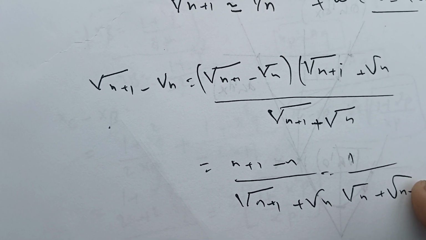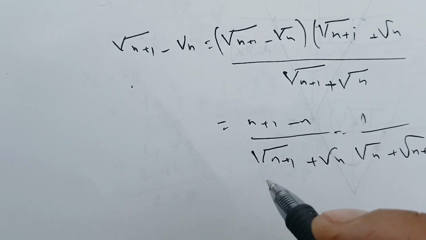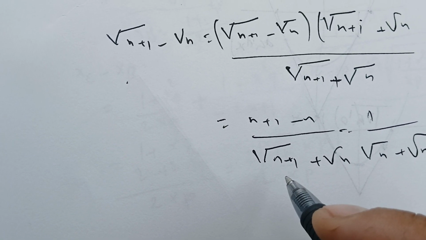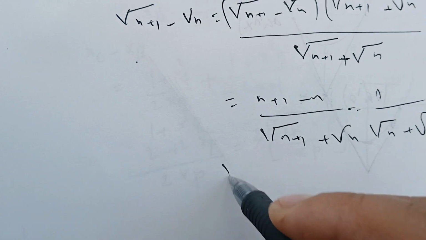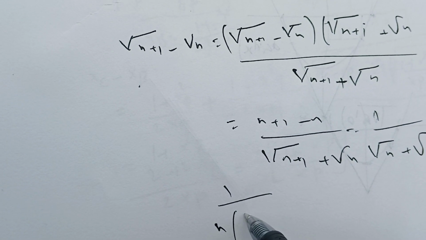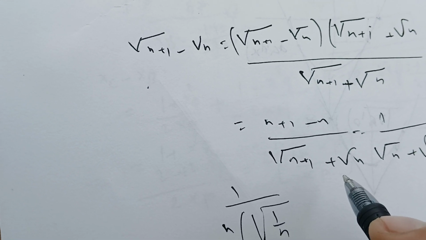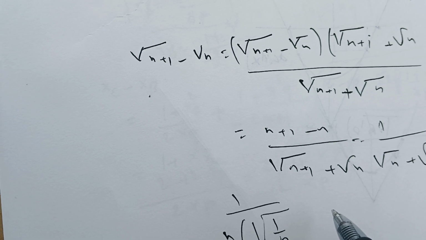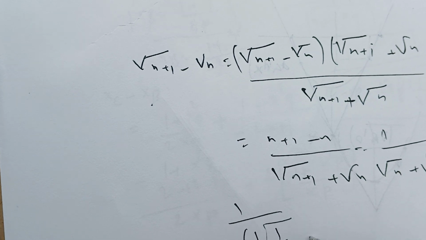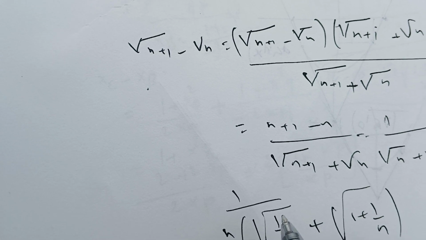We can do a bit of work and factor out the square root of n, so we have 1 over the square root of n times, in the denominator, 1 plus the square root of 1 plus 1 over n.